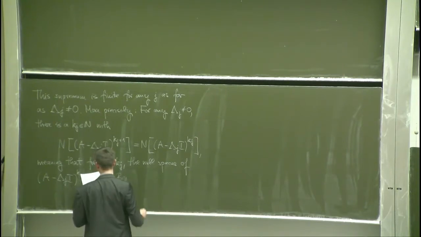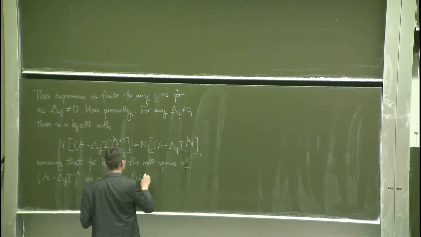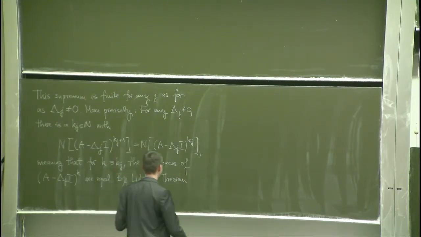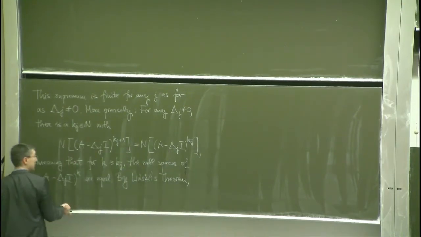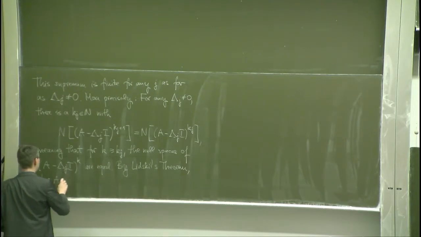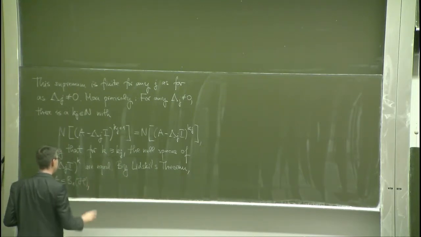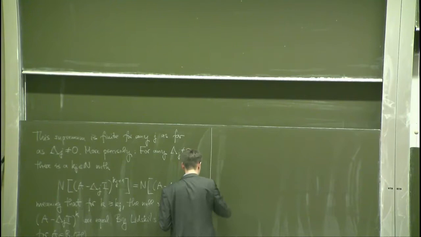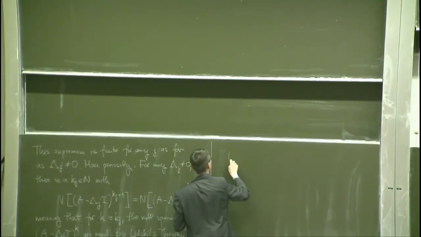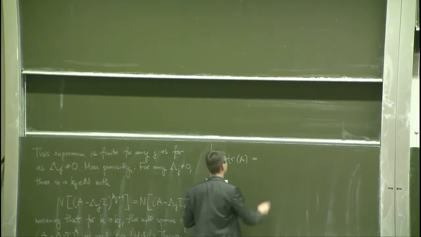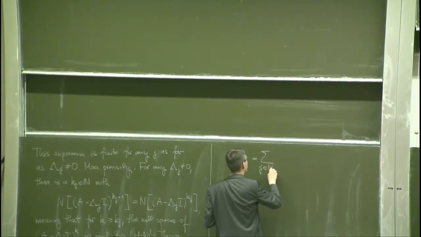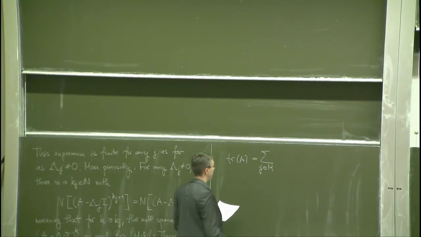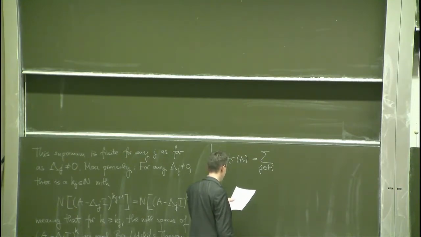It says, so by the so-called Lidskii theorem, one then has that for A in the trace class, the trace of A is given by the sum for j running through the index set M. That could be, of course, empty, or a finite subset of N, or N itself.